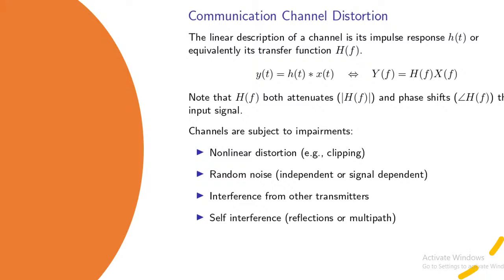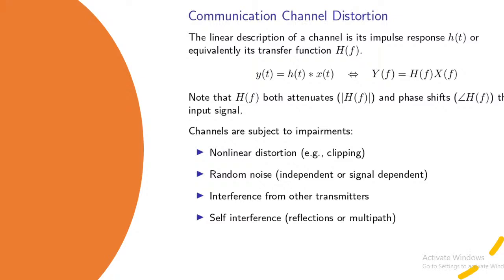So we discussed distortion in the beginning of this course. In the distortion, we said that if there is a communication channel, there are two signals.